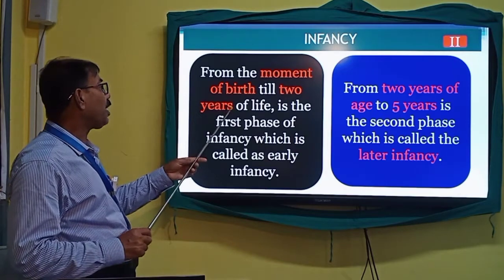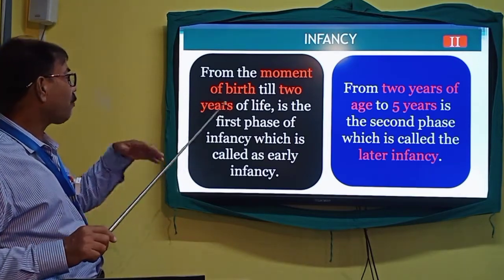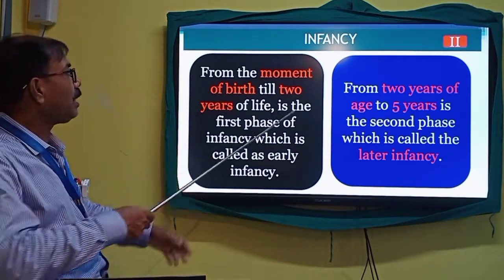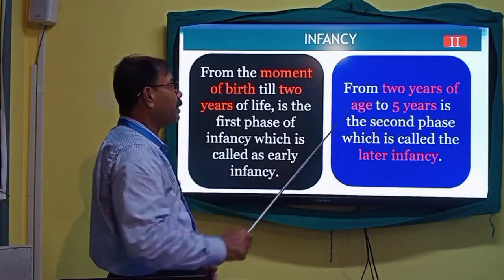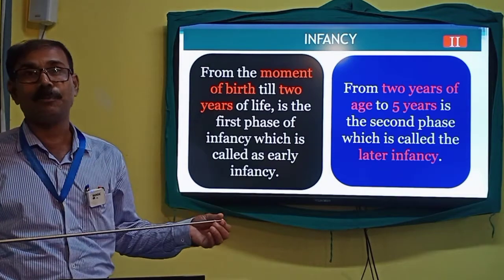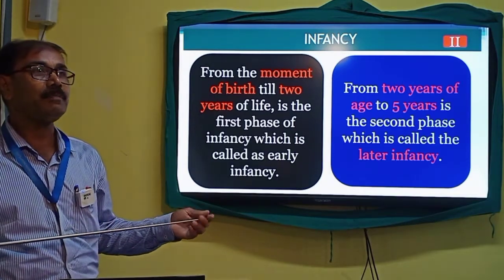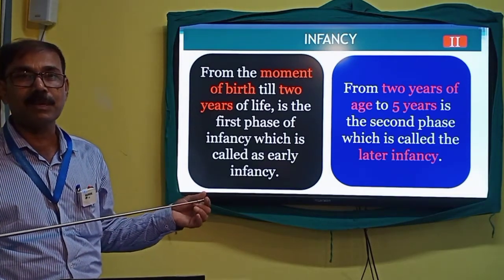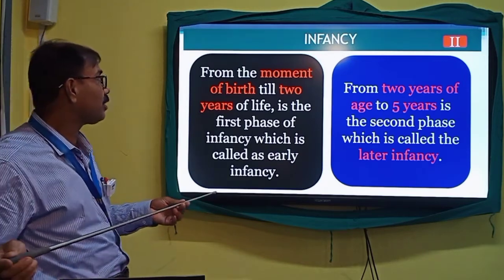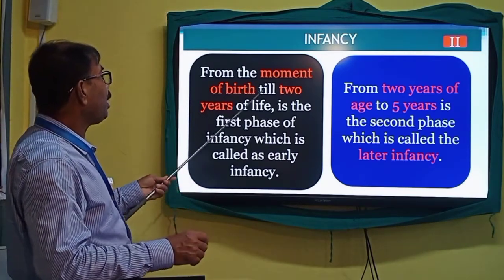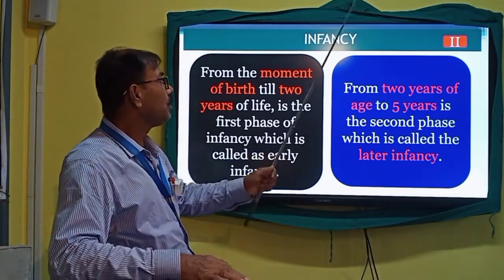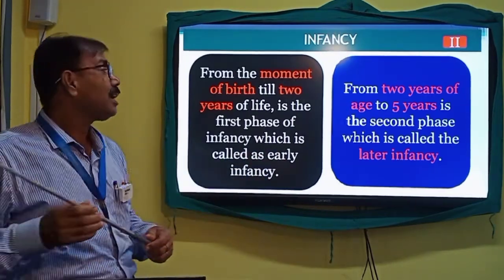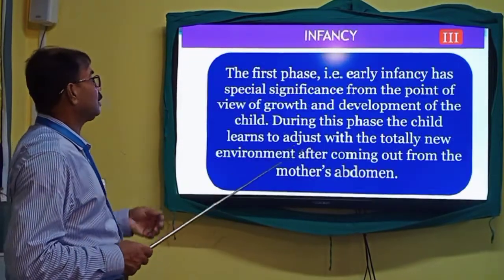This is the first part of infancy. The second part is from 2 years of age to 5 years, which is called later infancy. So, friends, to define early infancy and later infancy: from birth till 2 years it is early infancy, and from 2 years to 5 years it is later infancy. Let us see the next.